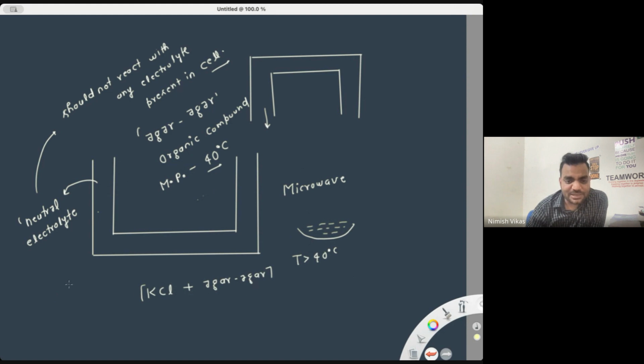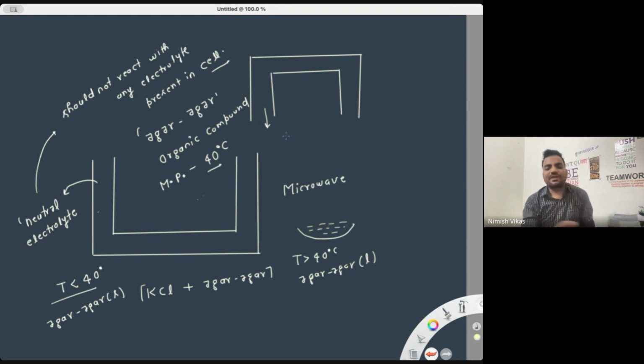And as soon as temperature will go below 40 degrees Celsius, agar will become solid again. This time agar was liquid at more than 40 degrees Celsius. So it will become solid again, and this will hold the entire electrolyte inside this glass tube. And now even if you invert it, it will not fall down.